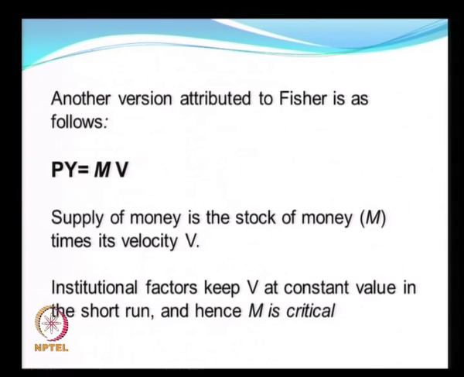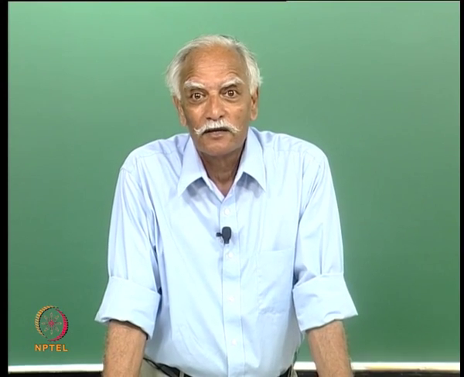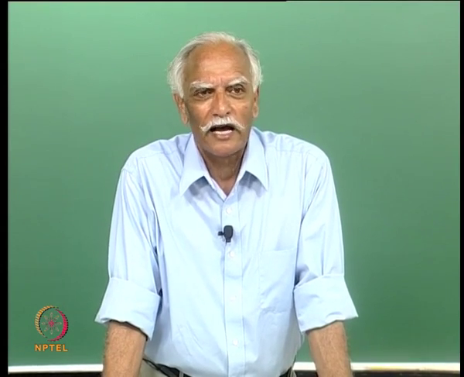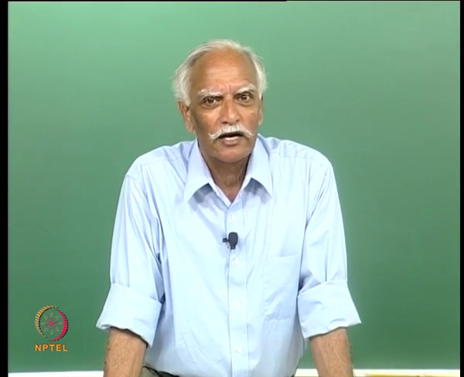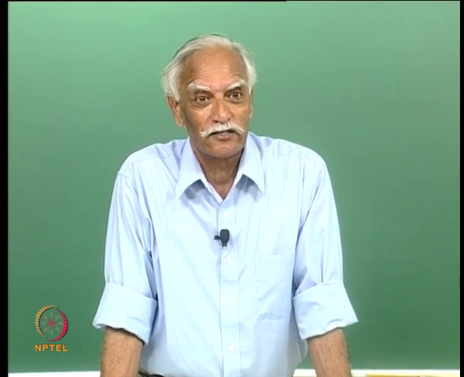Now, in the long run, we do not know what happens to the value of V. In other words, what happens to the speed with which money circulates in the economy, but certainly we know that in the short run there are a number of institutions in the economy, in the money market, in the asset market, in the capital market, etc., which keep the rate of circulation of money constant.